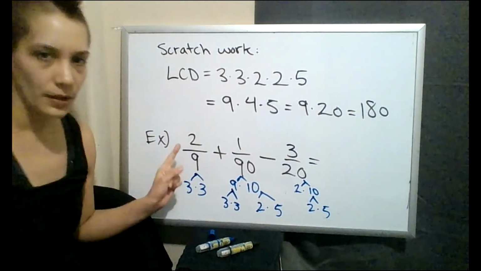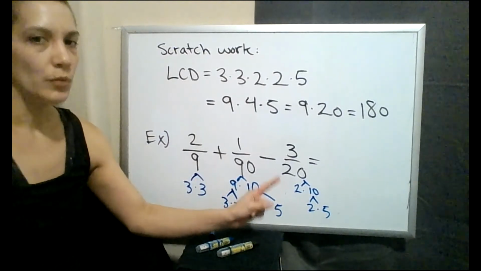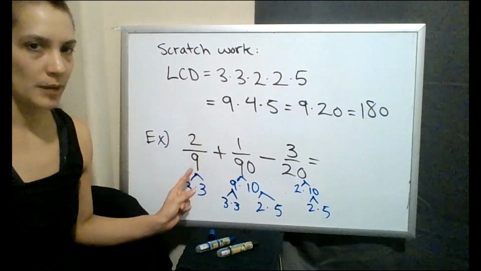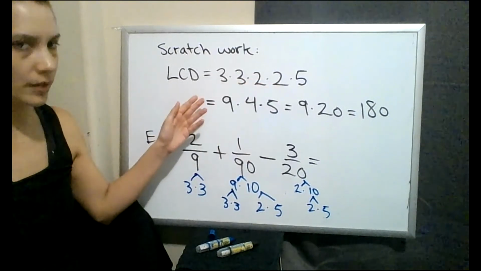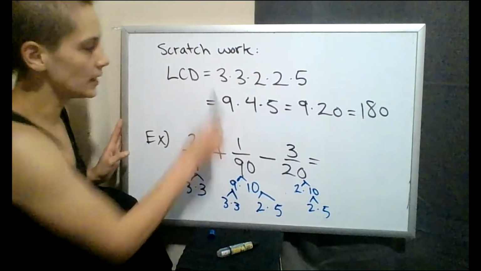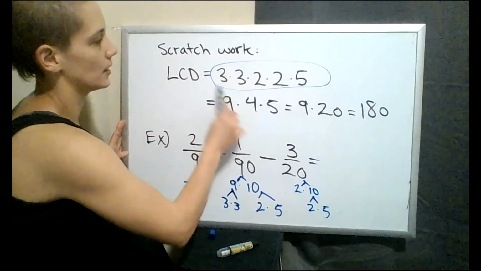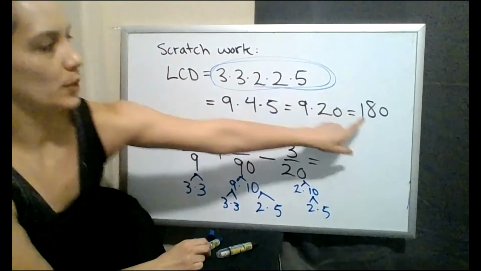So what do we do now? We take every single fraction and multiply numerators and denominators by any factors that are missing from your LCD. So we're kind of going to look at this part, but end up with that as our denominator.